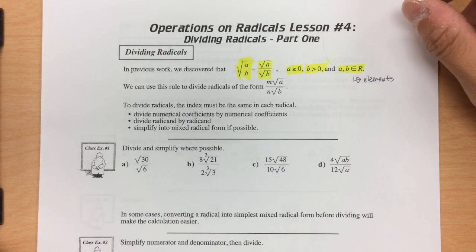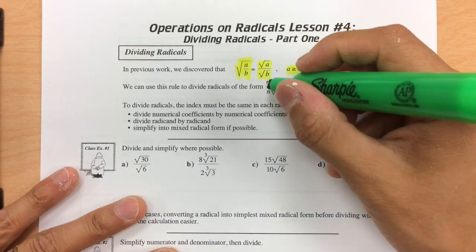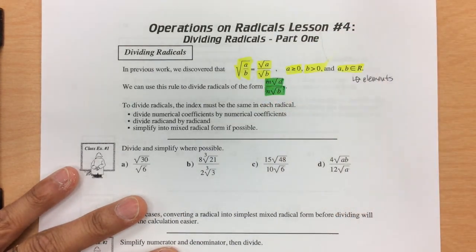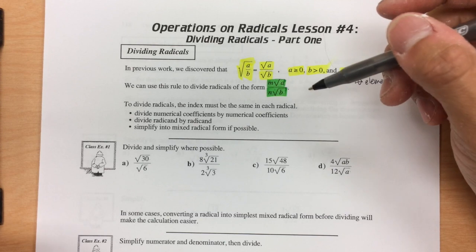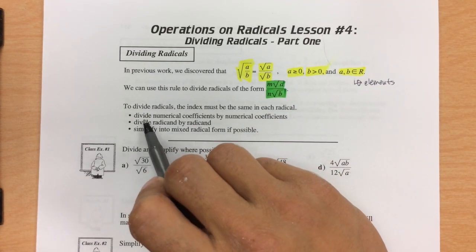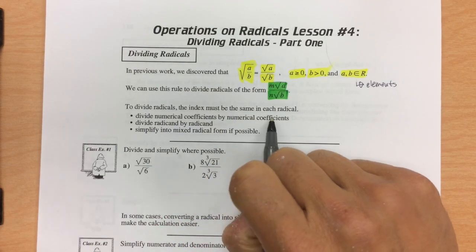We can also use the following rule to divide radicals of the form m times square root of a divided by n times square root of b. Now, to divide the radicals, the rules are kind of similar to when we were multiplying radicals. First, you divide the numerical coefficients by the numerical coefficients.